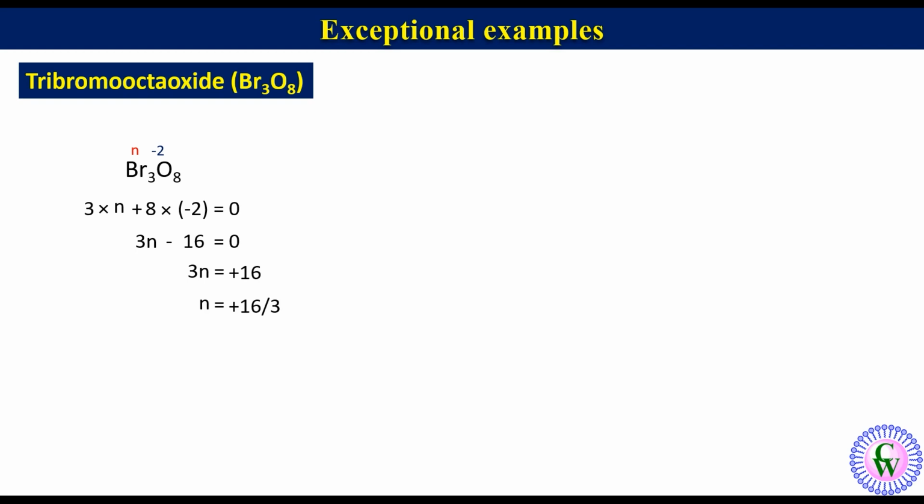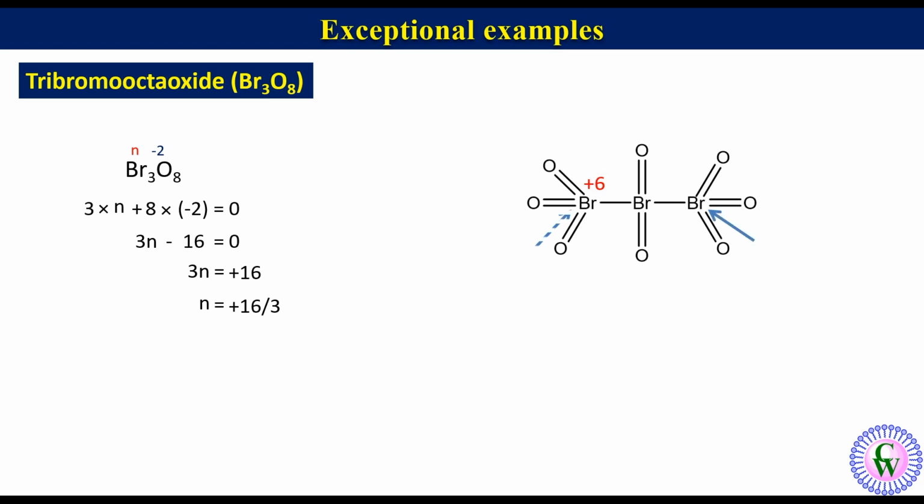To find the oxidation number of individual bromine atoms, let's draw the structure. This bromine atom is attached to 3 oxygen atoms with 6 covalent bonds. So the oxidation number of this bromine will be +6. Similarly, this bromine atom will also have the oxidation number of +6.